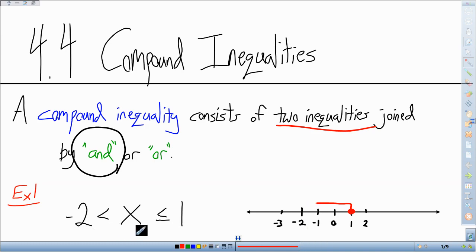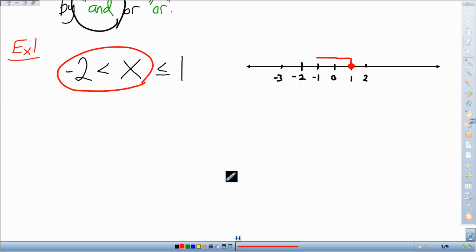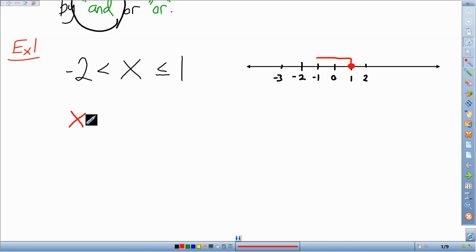Okay, so here's the thing about this inequality. It's flip-flopped. We want x on the left, -2 on the right. So the way we'd want to think about this inequality would be, actually x is greater than -2. We want to flip-flop this thing around. Okay, so on our graph, again, at -2 we have an open circle, and we know that the numbers that are greater than -2 on a number line go to the right.